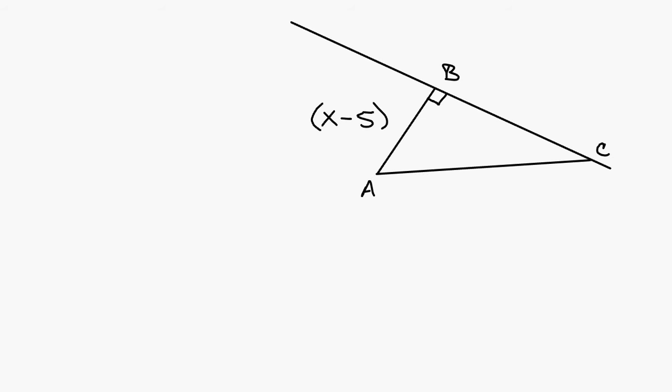Try this, take a look at this diagram, and you're going to have the same instructions here. We'll call this point A, B, and C. We'll say that this is 90 degrees, that this segment is x minus 5, and AC is equal to 12.